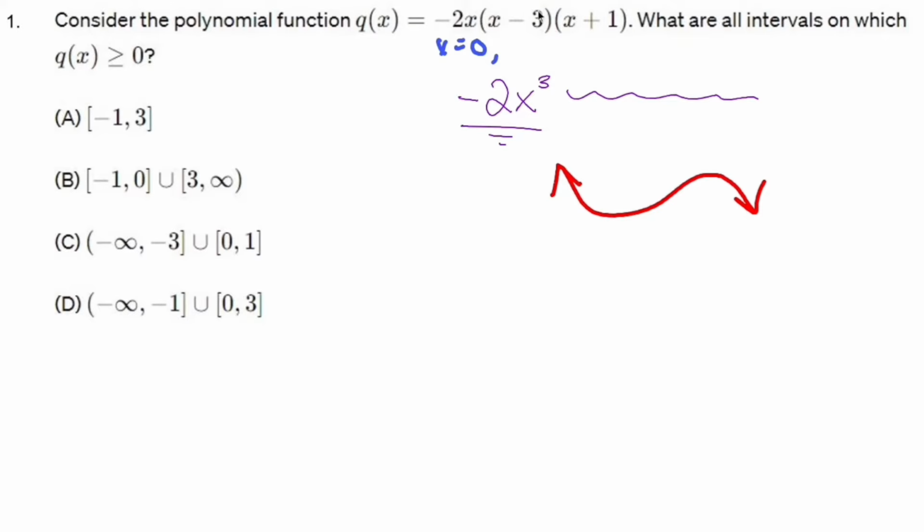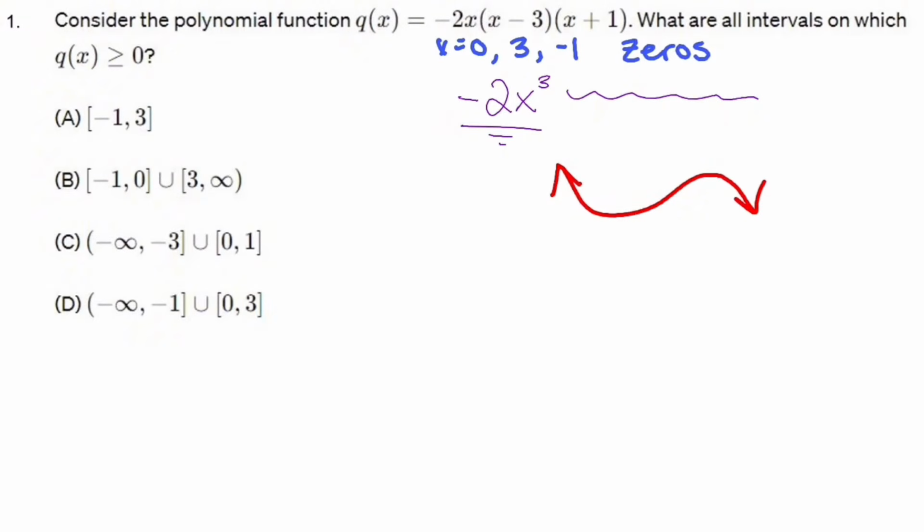If this is equal to 0, I'd add 3 and I would get 3 for this one. And if this is equal to 0 and I subtract 1 from both sides, I'd get negative 1. So my zeros are 0, 3, and negative 1, not in that order.